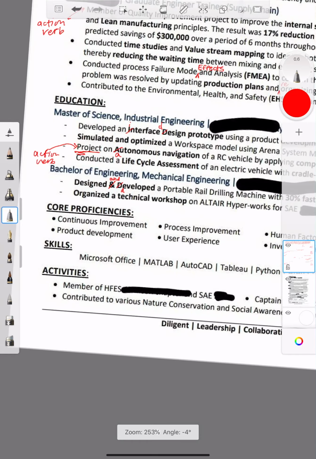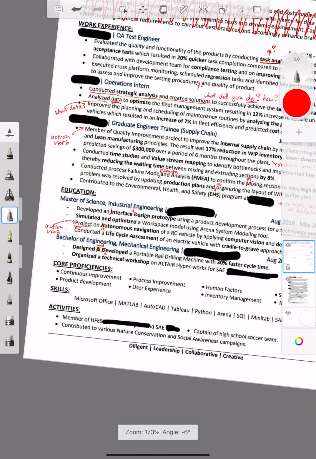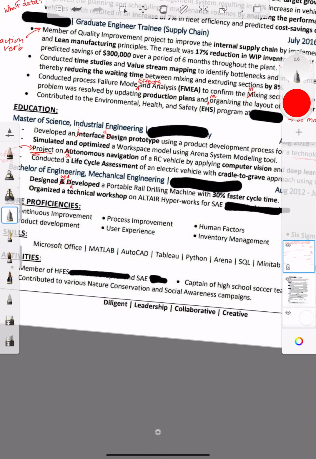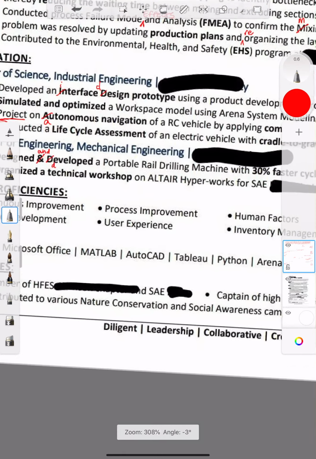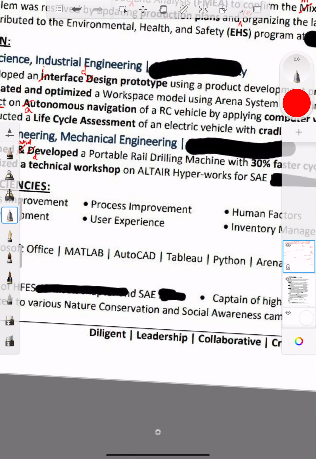If they make it similar to this work experience section and write out more on these bullet points, then it'll be better. "Portable rail drilling machine." It's not a common acronym, so it's not going to be capitalized. "With 30% faster cycle time."